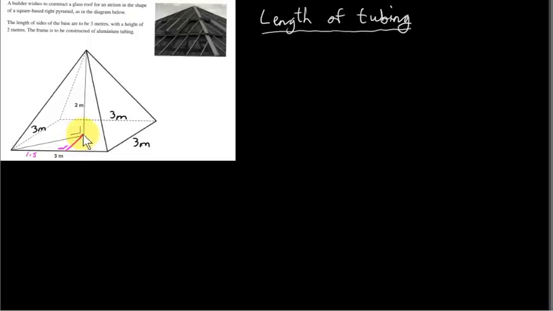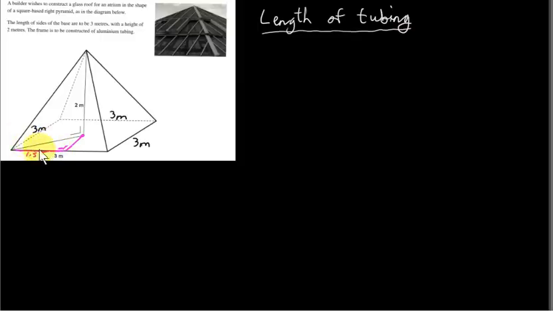By symmetry, if we get the perpendicular distance of this point here, which is the point directly below the apex of the pyramid, to one of the sides, then it will bisect that side. So it bisects this side of 3 meters into two lengths of 1.5 meters each. So this distance here is 1.5 meters.